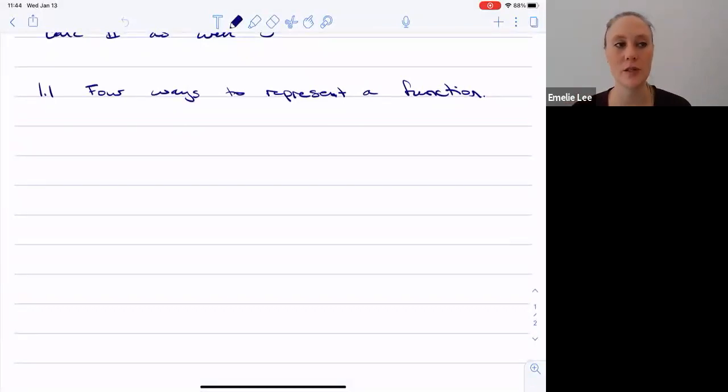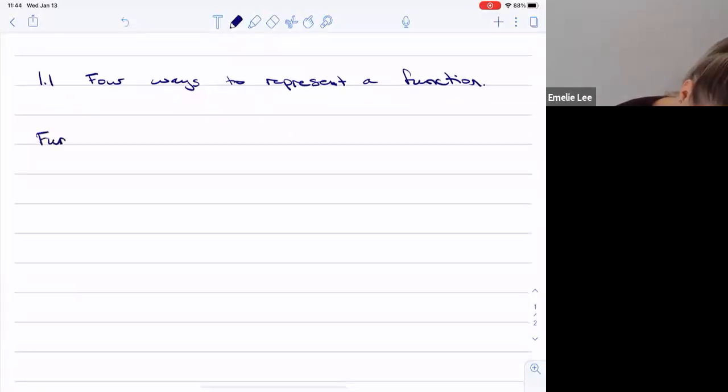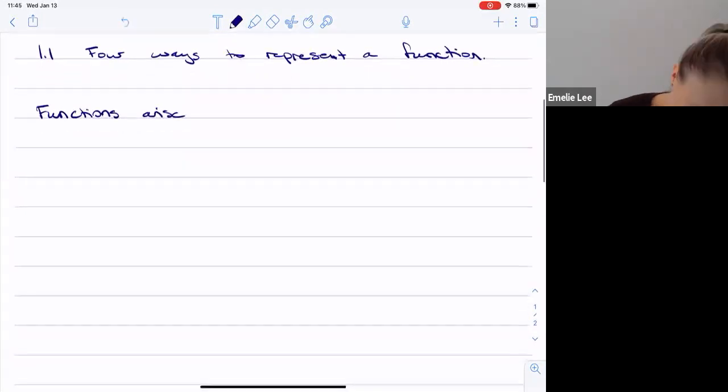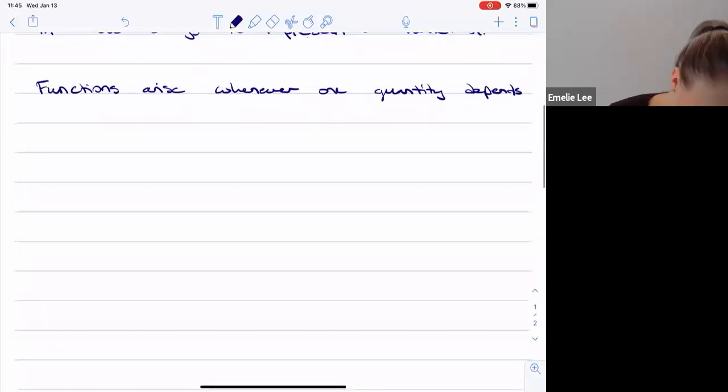A function is just when one quantity depends on another quantity, right? So functions arise whenever one quantity depends on another.